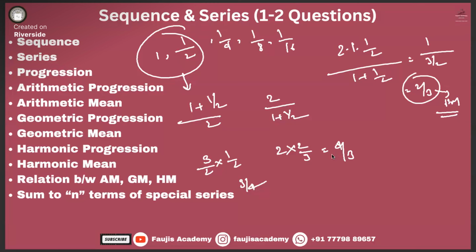Should come to 3 by 2. 2AB by A plus B. Oh, yeah, 2AB by A plus B. Okay. 2 divided by 1 plus 2AB by A plus B.